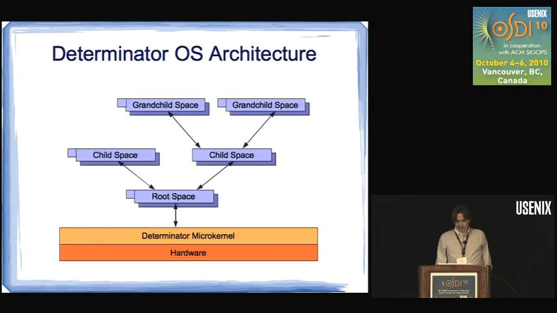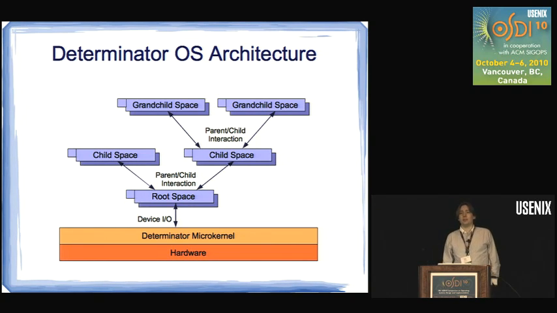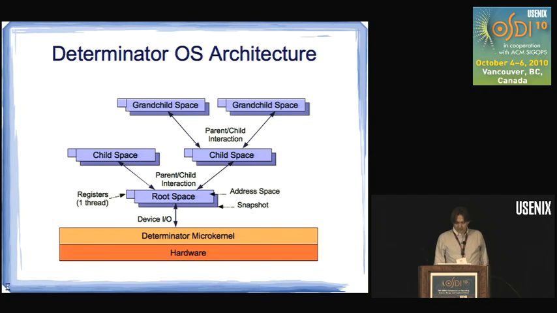Each space is a very restricted analog of a Unix process, in that unlike Unix processes, which can communicate arbitrarily with each other and with the external world, only the root space in a Determinator system can directly do any external I/O. And all the other spaces can only communicate with their immediate parents and children. So it's a very restricted communication model.